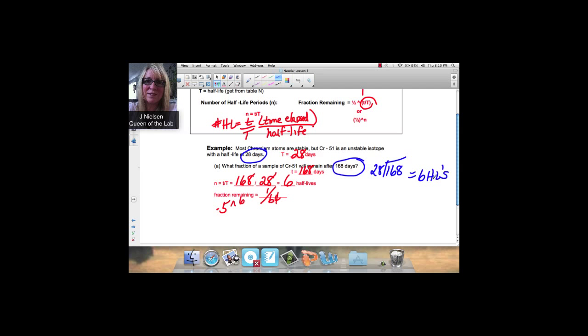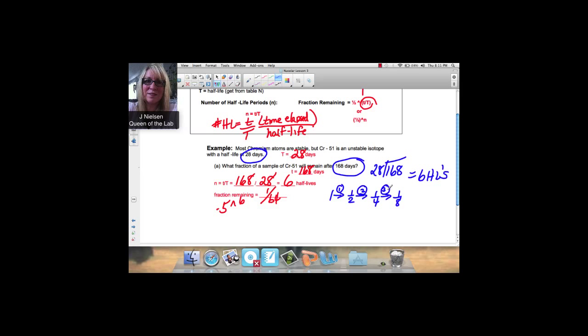So now we need the fraction remaining. Well, let's assume that we started with 1 unit. It underwent 6 half-lives. So half of 1 is 1/2. Each arrow is a half-life. Half of 1/2 is 1/4. After the second half-life, half of a quarter is 1/8.